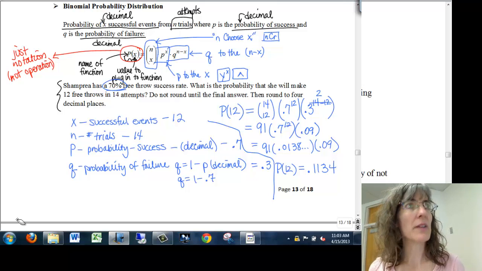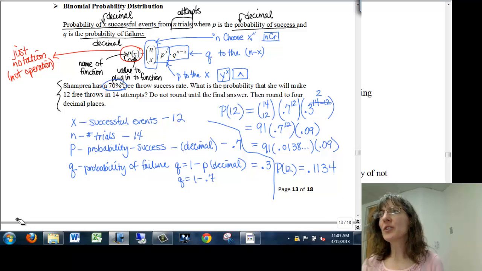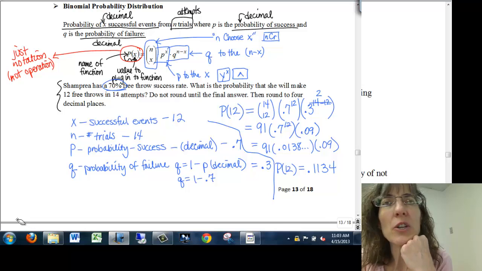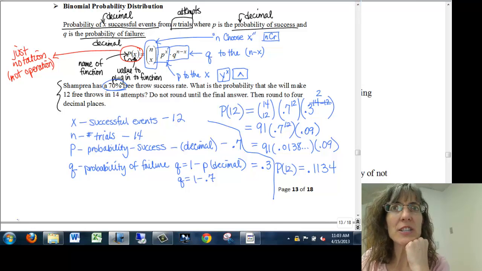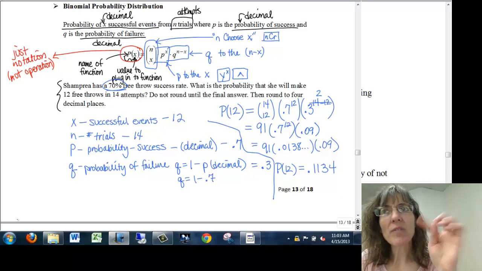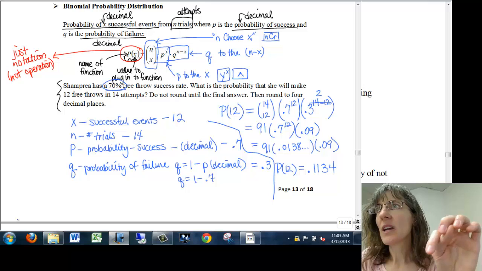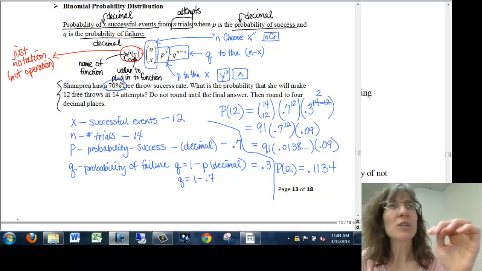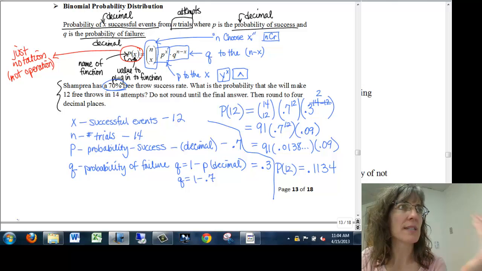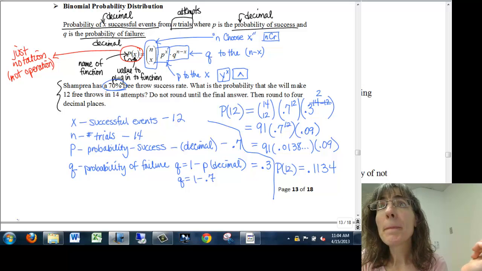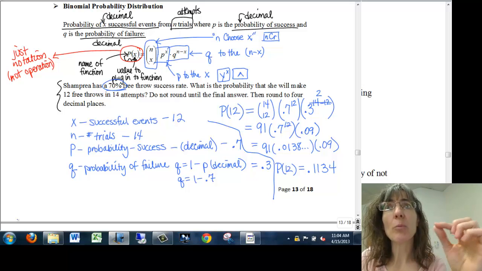That's what I got. Did y'all get that too? Okay. What is that as a likelihood? What percent likely is she to make 12 out of 14 attempts? 11%. That's not very high, is it? But did it surprise us? Because remember, 12 out of 14 gave us what? 86%, which is way above her normal success rate. 12 divided by 14, and you get 0.86.